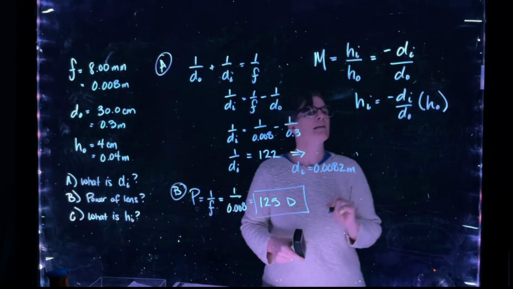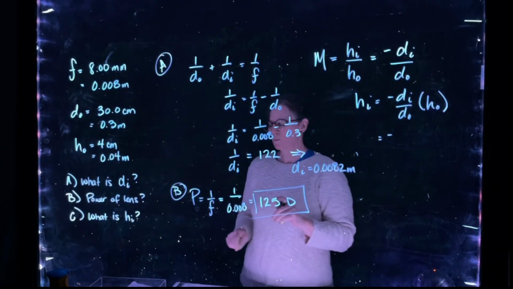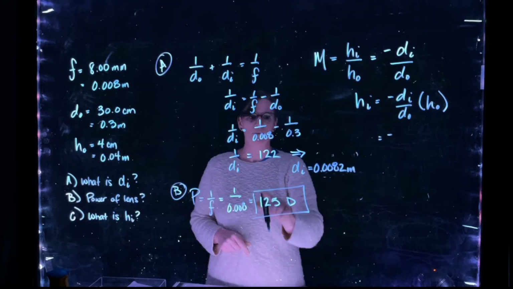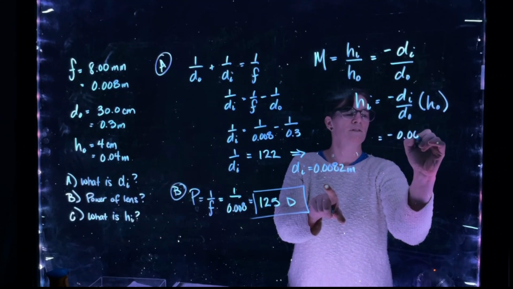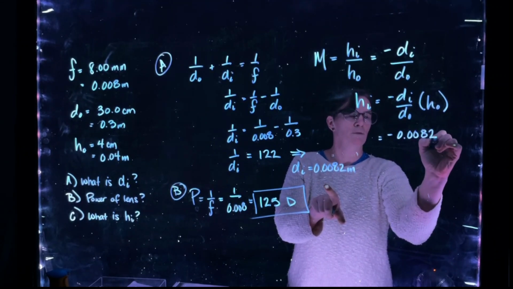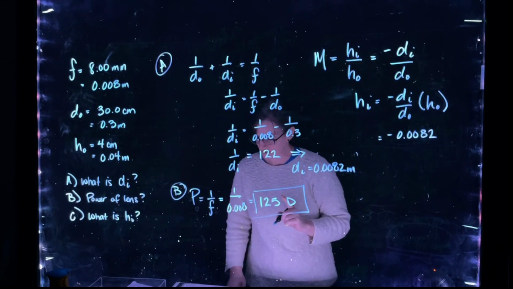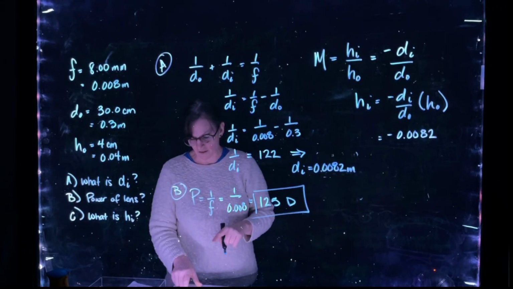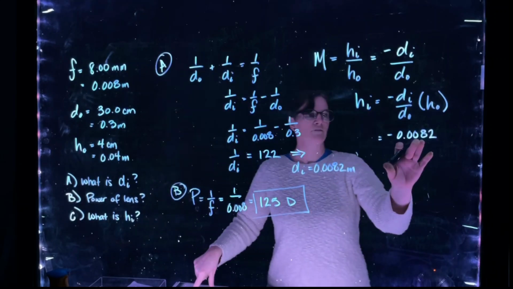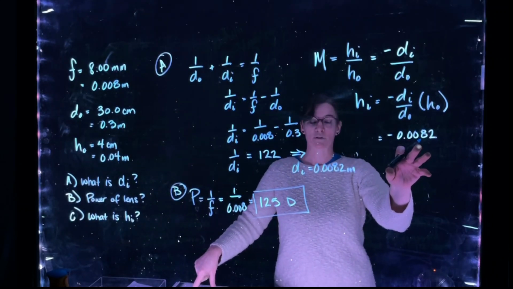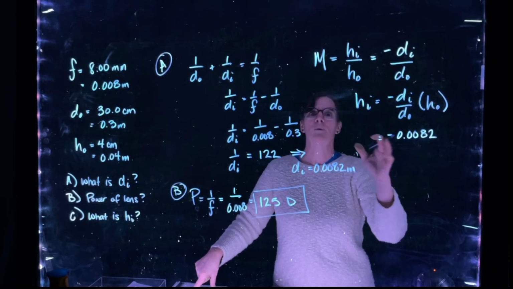All right. So my image distance was given as 0.0082. However, we want to remember our conventions. If the image is on the opposite side of the lens, then the image distance is positive. So we keep that image distance as positive. We solved for the negative because that's part of the equation, but we didn't want to put in a second negative.